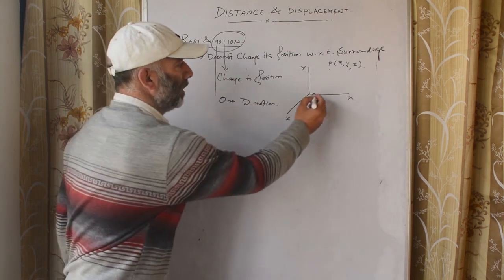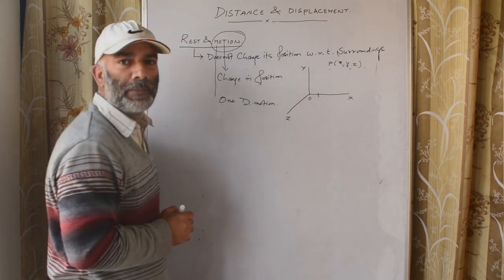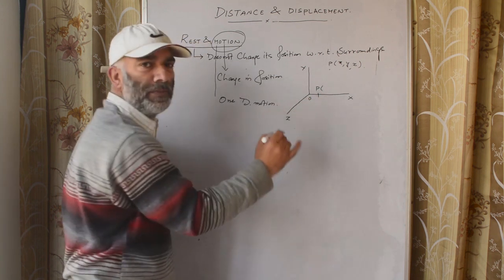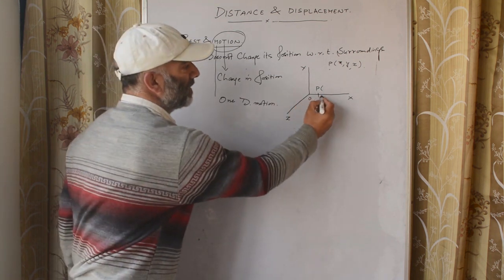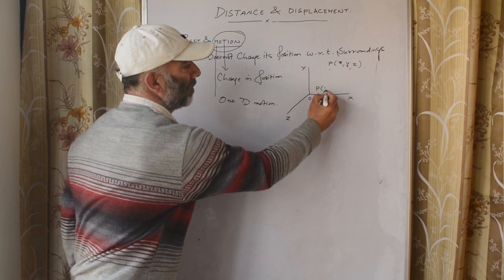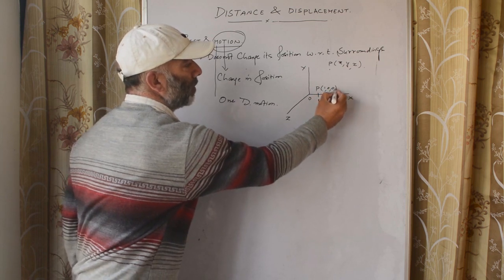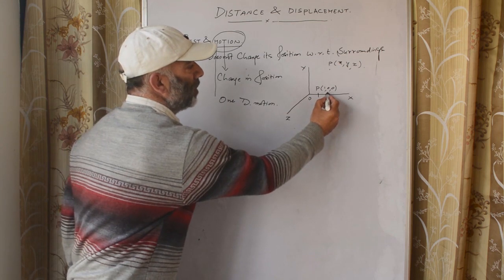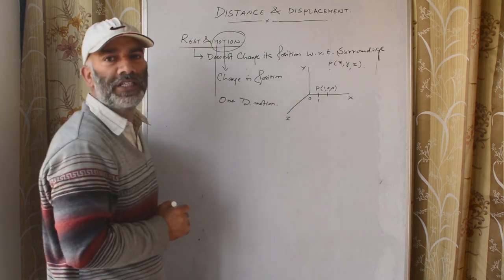For example, if I am locating a particle here, this P is the position of the particle. Let me mention its position coordinates as 1, 0, 0. And after some time, let's call it changes its position and reaches here.